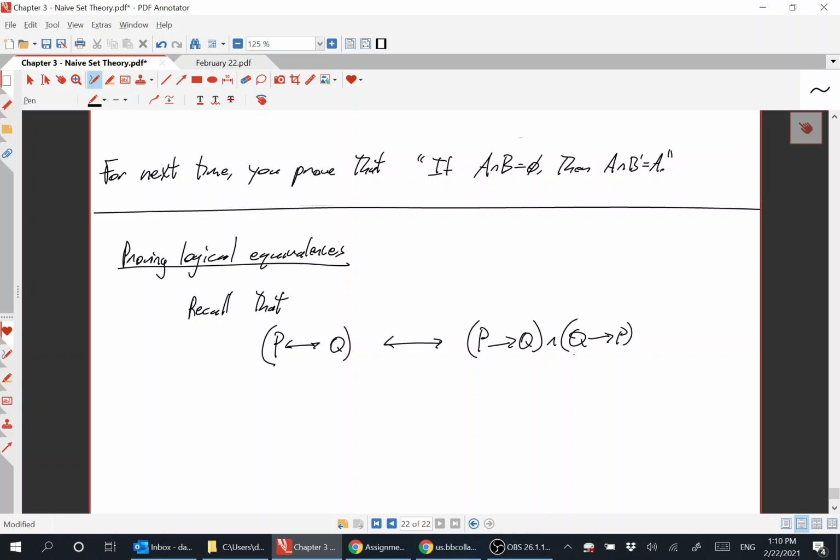So you can do it via a chain of logical equivalences, although that's not always possible. In which case, you would do it by proving the double implication. Right?